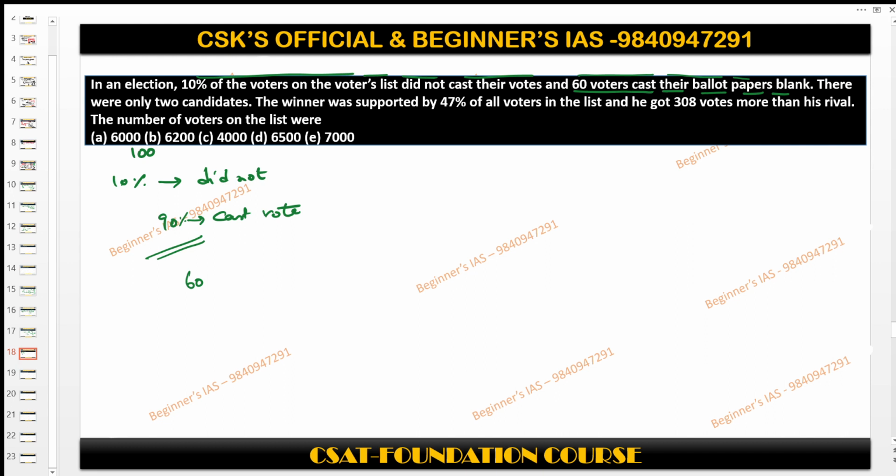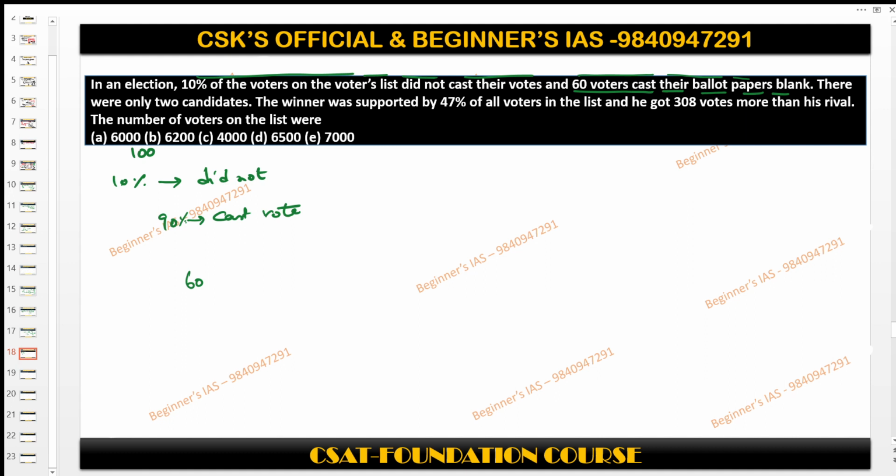Okay. So what is the 60 percentage here? No, that is not the percentage. So how do we use 60 right now? We can't use it, sir, because it is a number of voters, not a percentage.